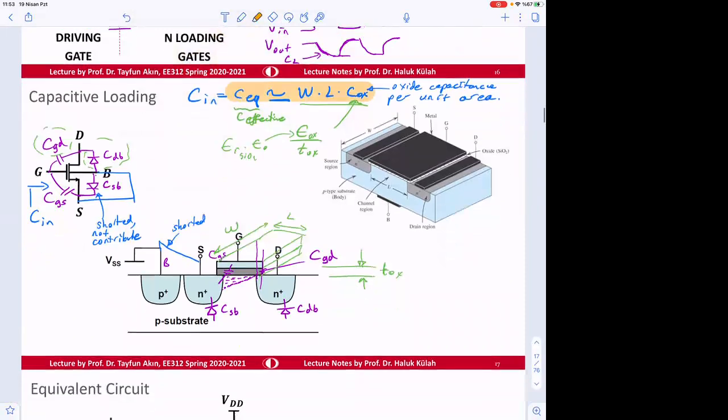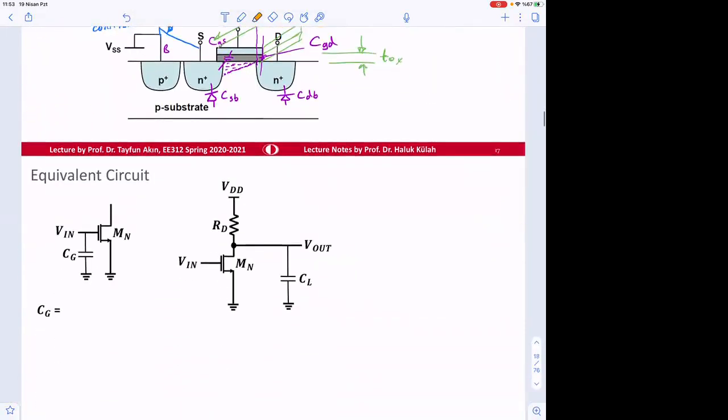So when we say the gate capacitance, C gate will be approximately equal to W times L times C oxide, where C oxide is permittivity of oxide divided by T oxide. This is the gate oxide thickness.